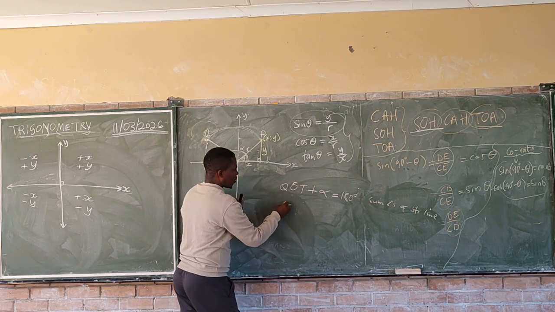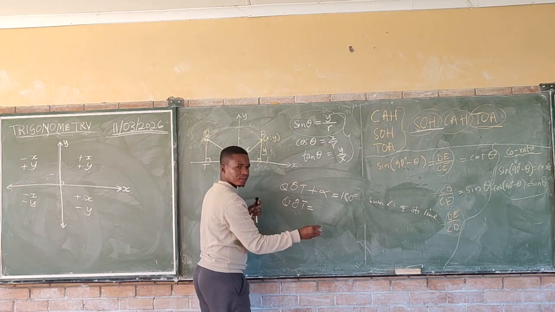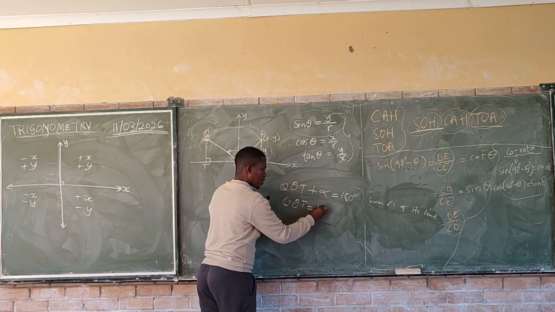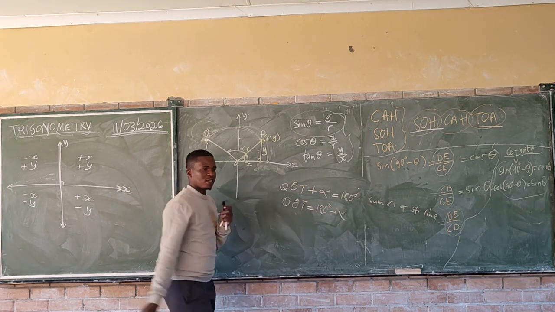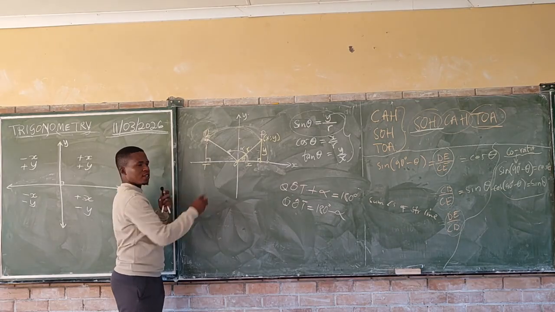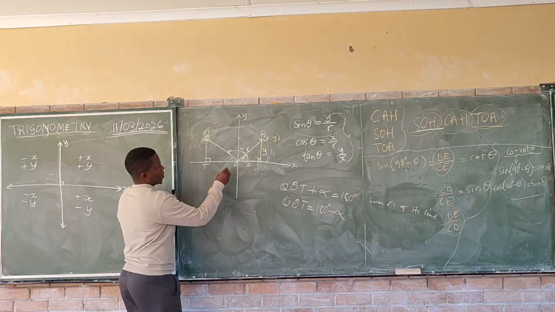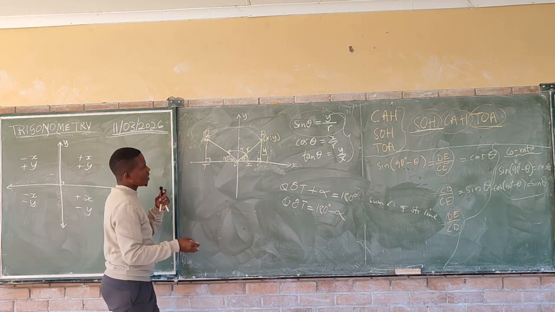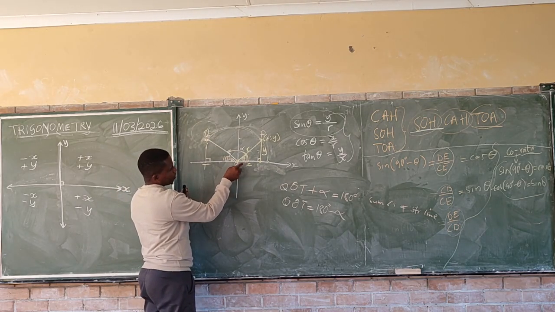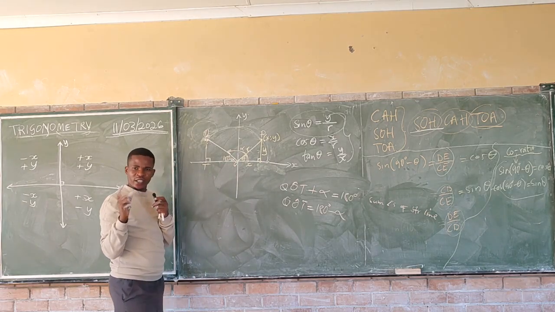Now, what are you going to have? Q angle OT is how much? 180 degrees minus alpha. So it means it's this piece here. Is that correct? Indeed, if I take 180 and minus this whole angle, I'm going to get an acute angle.